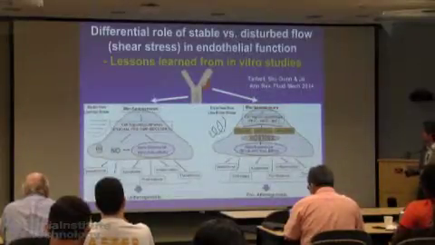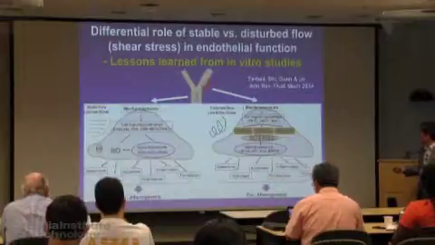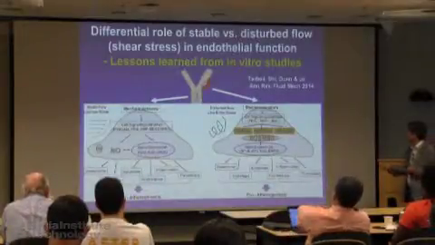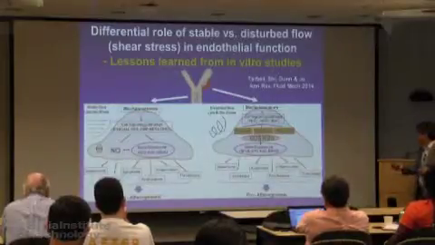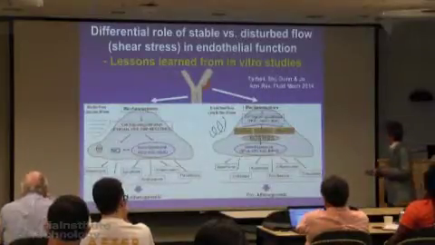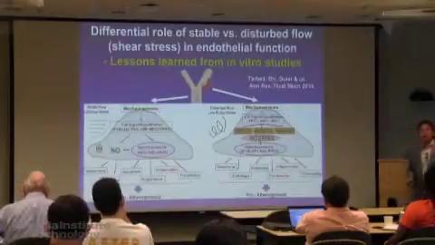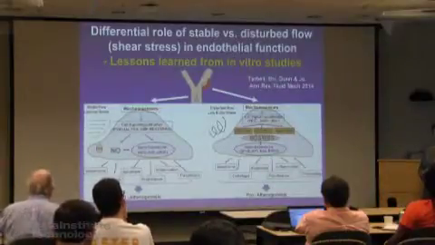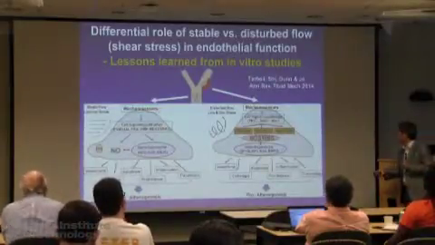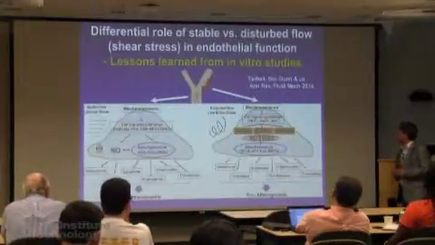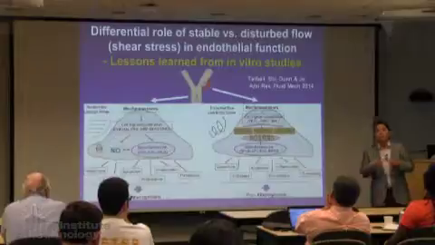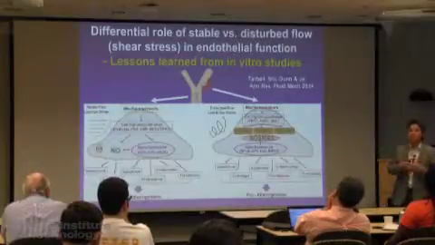These then further lead to changes in gene expression, including NF-kappa B and bone morphogenetic proteins. These changes eventually lead to pro-atherogenic responses, including activation of apoptosis, inflammation, proliferation, and thrombosis. So these were really lessons learned from in vitro studies.